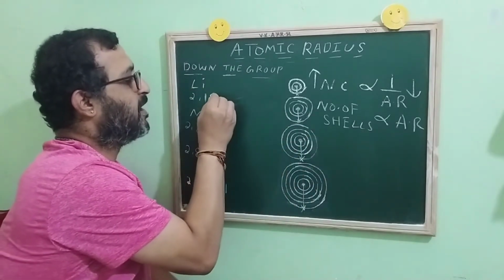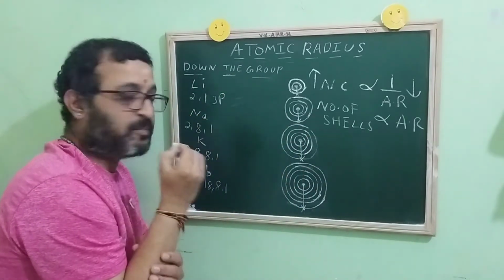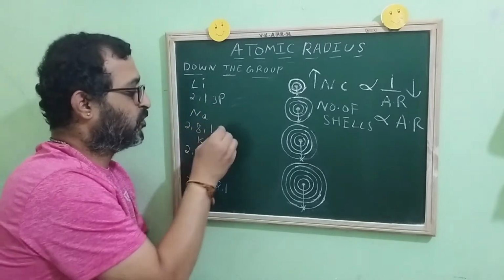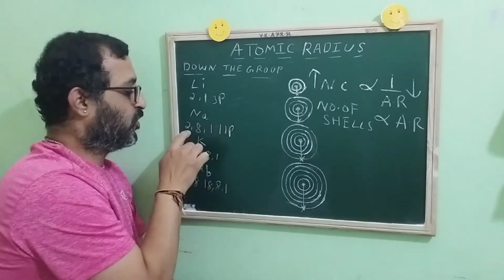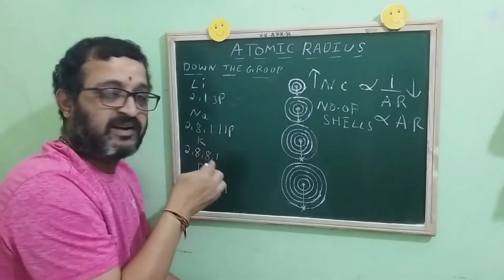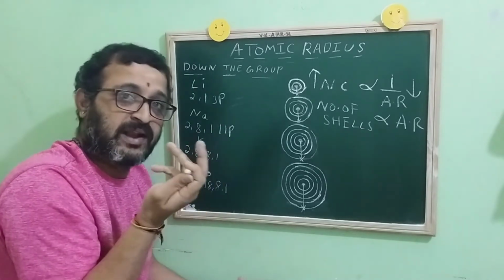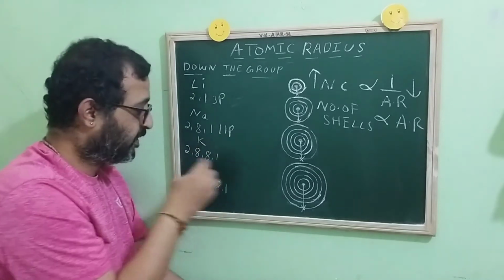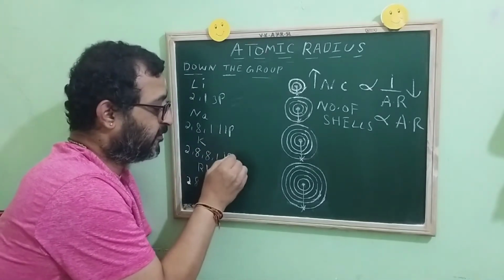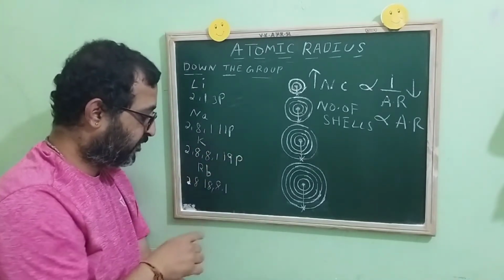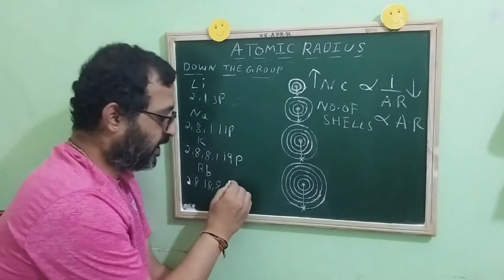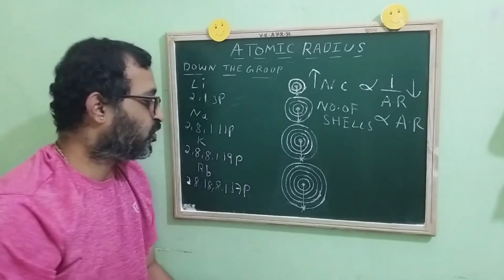Lithium has 3 protons, that is 2 plus 1, 3. Sodium has 11 protons, 2 plus 8 plus 1. Children, we already know that any atom contains the same number of electrons and as well as what, children? Protons. So potassium has 19 protons and rubidium has 37 protons.